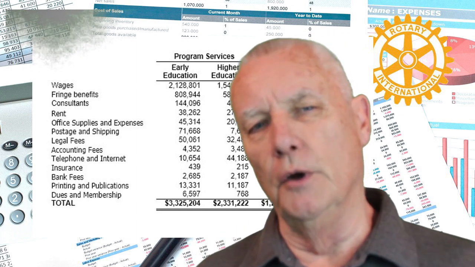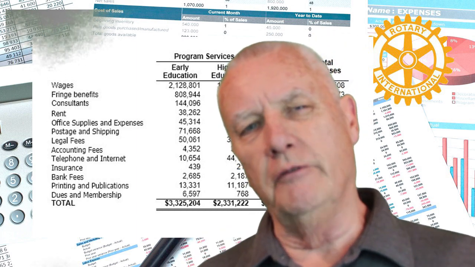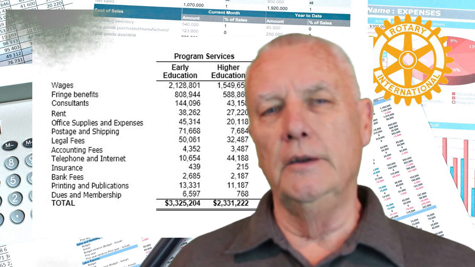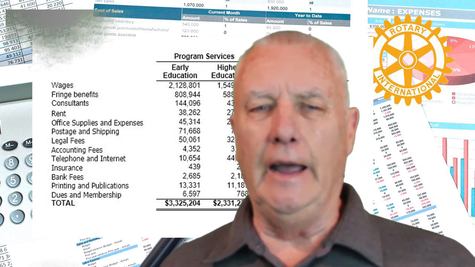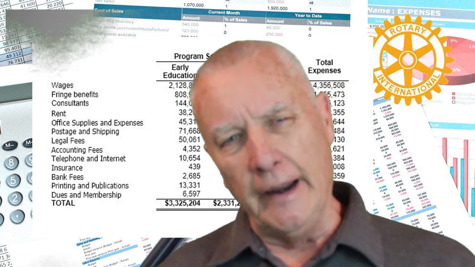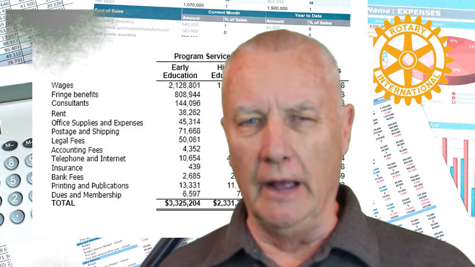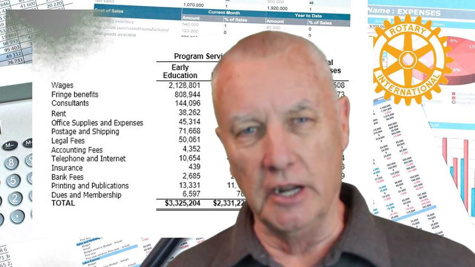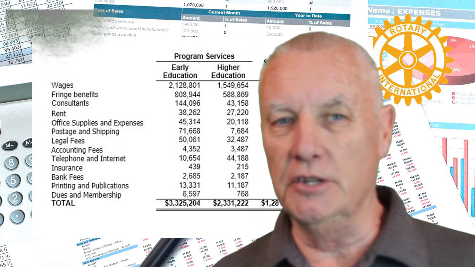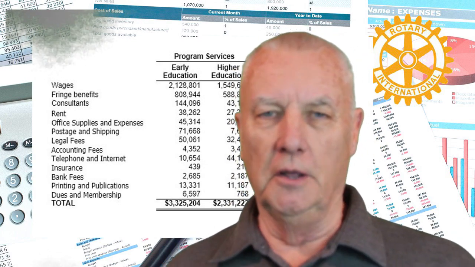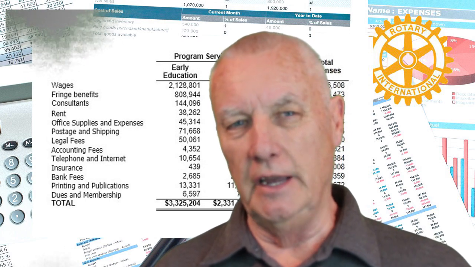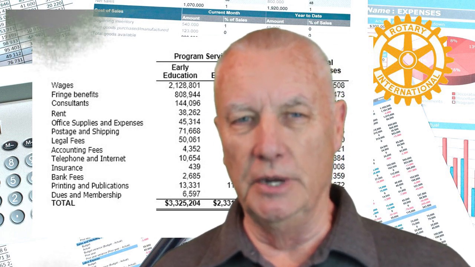I would make the comment, though, about the difference between a for-profit and a not-for-profit organization. I hear people say, well, I want to work for a not-for-profit organization. I don't want to worry about trying to balance my balance sheet and trying to come out with more money at the end of the year than I started with. That's going to be a very short-lived assignment, because not-for-profit is a tax status, not a business plan.